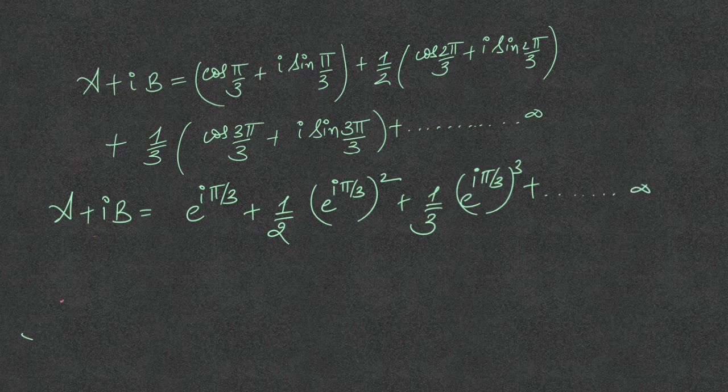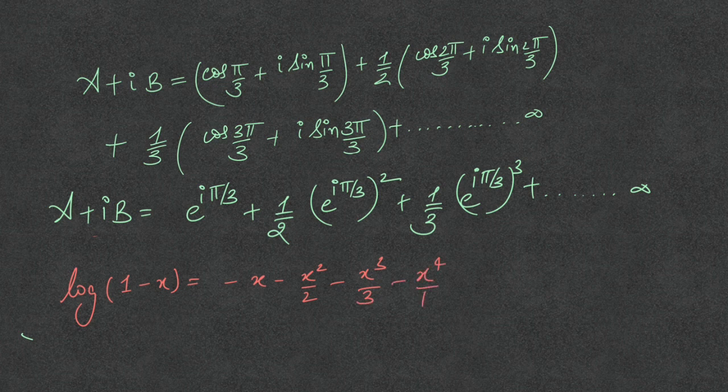Since log of 1 minus x is minus x minus x squared by 2 minus x cubed by 3 minus x power 4 by 4, minus so on up to infinity, which can be modified by multiplying both sides by minus.